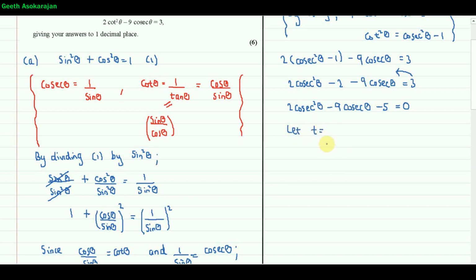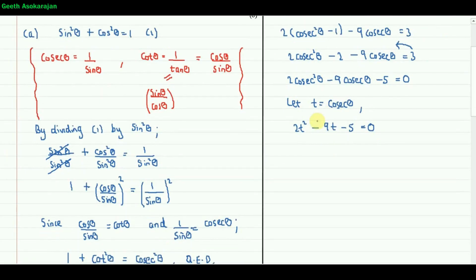So I'll take a letter t, for example, and I let t equal cosec theta, as I have terms involving cosec. If I use this substitution, my quadratic becomes 2t squared minus 9t minus 5, and that is equal to 0. So this is the equation that we'll get as a result of this substitution.